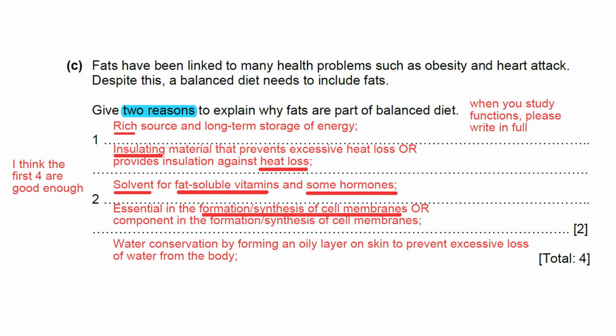All right. So for part C, fats has been linked with many health problems such as obesity and heart attack. So despite this, a balanced diet is needed to include fats. Basically they ask why fats are needed in a balanced diet. So it is an indirect question on what are the functions of fats, why fats are so important for a balanced diet.